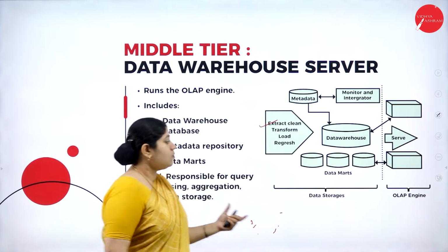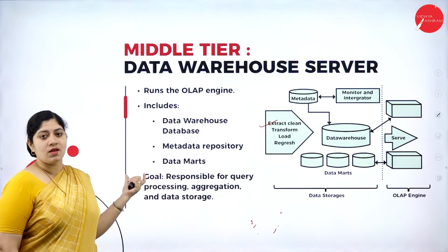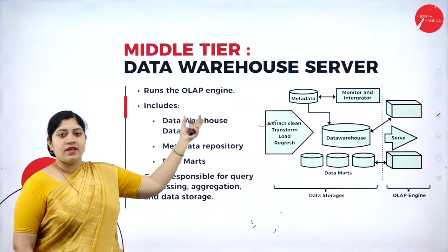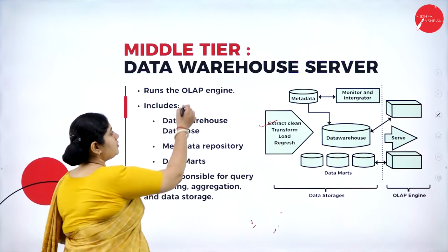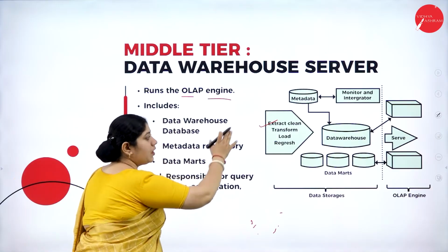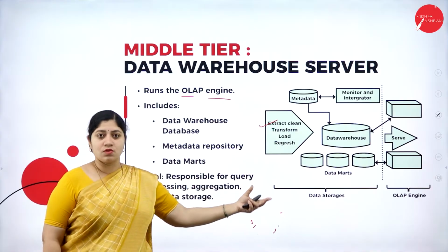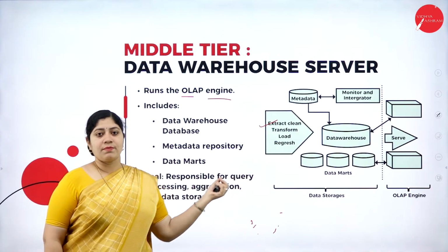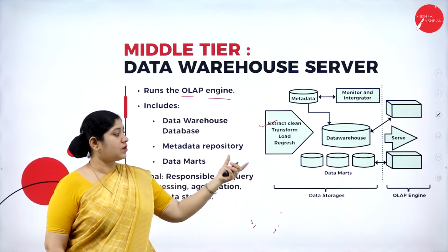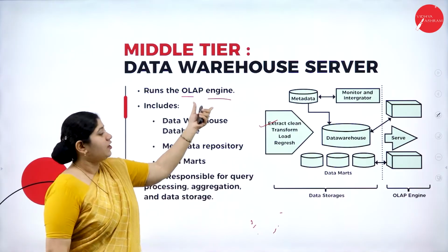Great. Now moving on with the theory part of this. As we know, this runs the OLAP engine. Yes, the information from complete extraction, cleaning, then from metadata and also from the data warehouse, is fed to the next stage, which is called the OLAP engine, right?